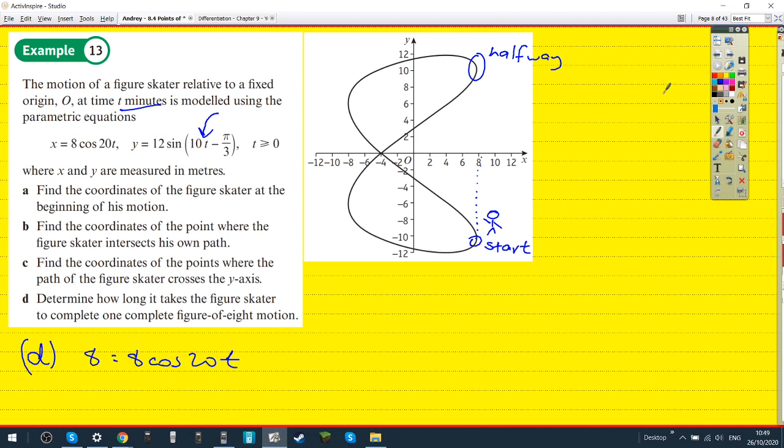It's the next one. So what's the one after 1/10 pi? A fifth pi. So t equals 1/5 pi, and you could do 1/5 pi times 60 to get what it would be in seconds. 1/5 pi minutes, basically.